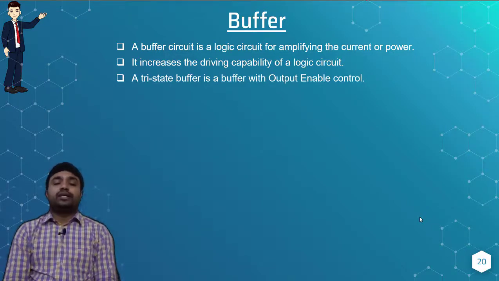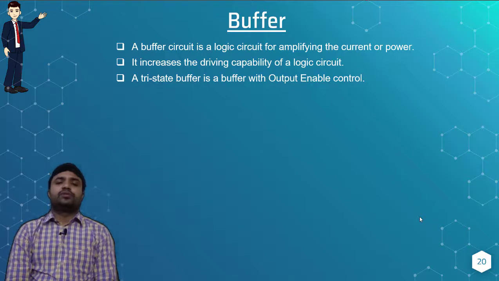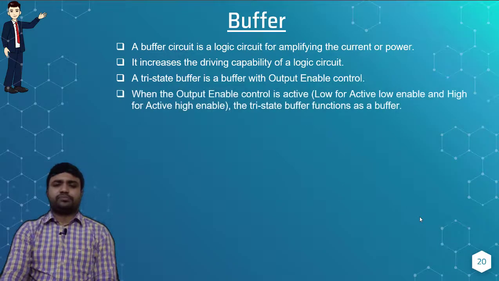So how we considered a tri-state output configuration for a transistor is also considered for a buffer with a tri-state buffer design. Here also we are going to control the operation of a tri-state buffer with an output enable control pin. When the output enable control is active, that is selected, low for active low enable and high for active high enable, automatically the tri-state buffer functions as a normal buffer.